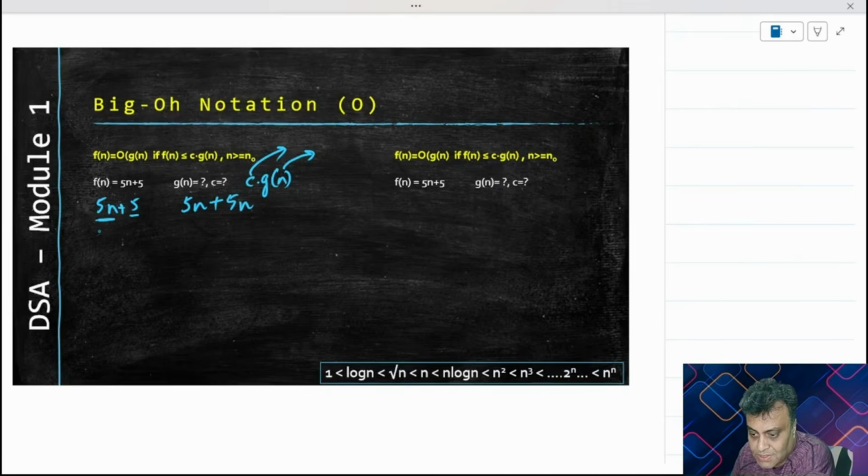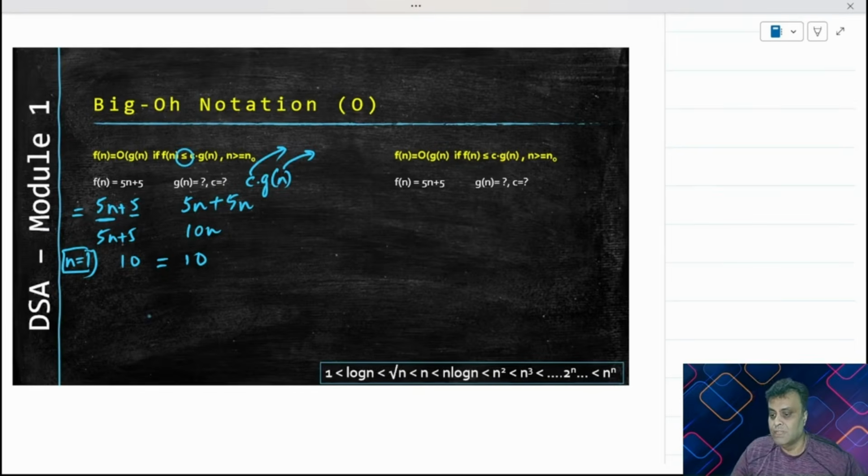So then we have to show that this 5n plus 5 is less than or equal to, on the right side, 10n. For a particular value of n, if we take n as 1, 5n plus 5 becomes 10, and 10n becomes 10, so this is equal. So this particular operator gets satisfied. So we can say now that my fn is less than or equal to c dot gn.